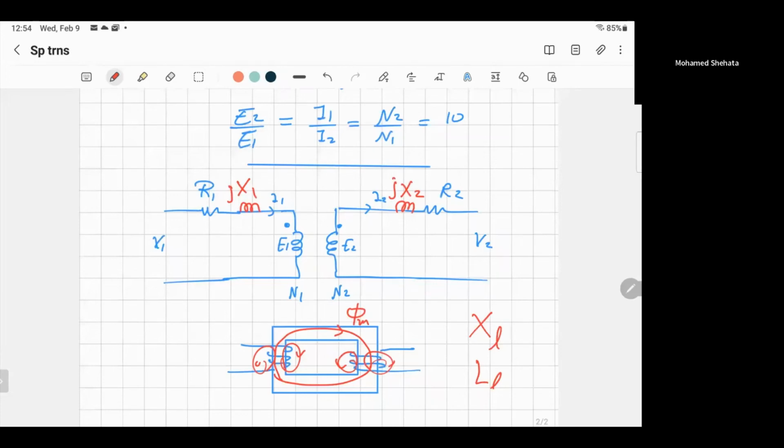We'll see this in the lab next week using the simulation. So that's the simplified equivalent circuit that you can use in the analysis.